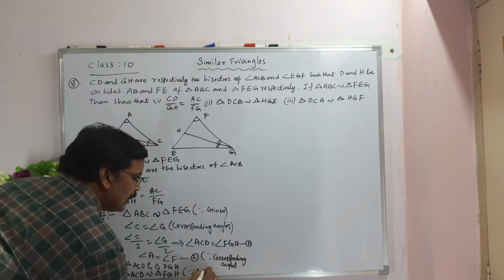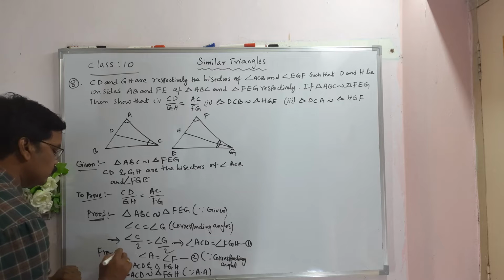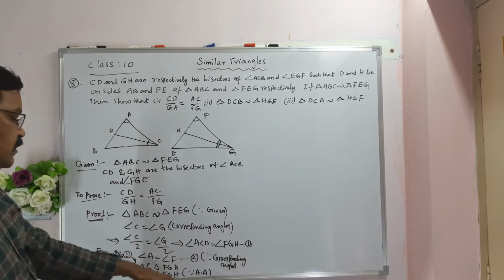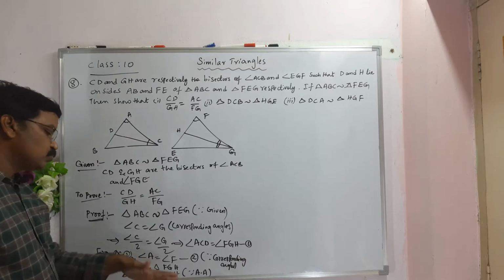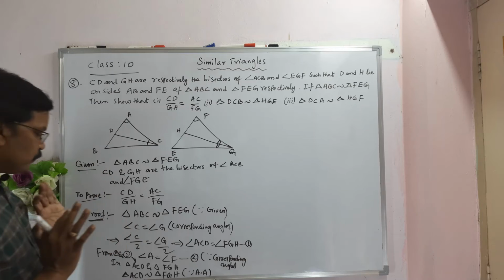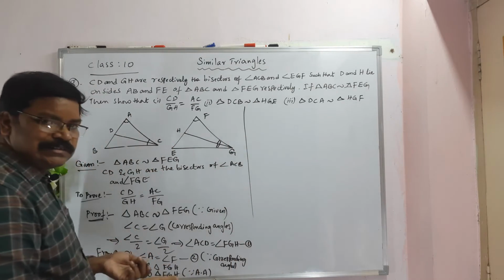Why? Angle similarity. From 1 and 2, in triangle ACD and triangle FGH, the two triangles are similar according to AA similarity. So okay. Now if the two triangles are similar, the corresponding sides are proportional.